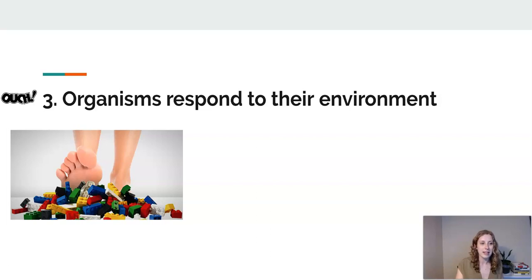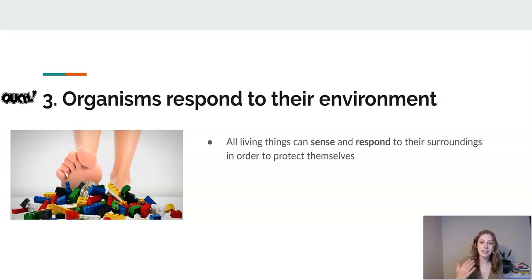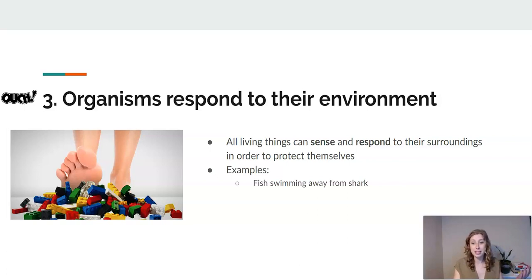So every living thing has the ability to sense things in their surroundings and respond to those surroundings in order to protect themselves. Some examples of this include a fish seeing a shark and swimming away. Fish doesn't want to get eaten by the shark. It could be plants turning their leaves toward the sunlight so that they can get all of that sunlight in order to do photosynthesis.